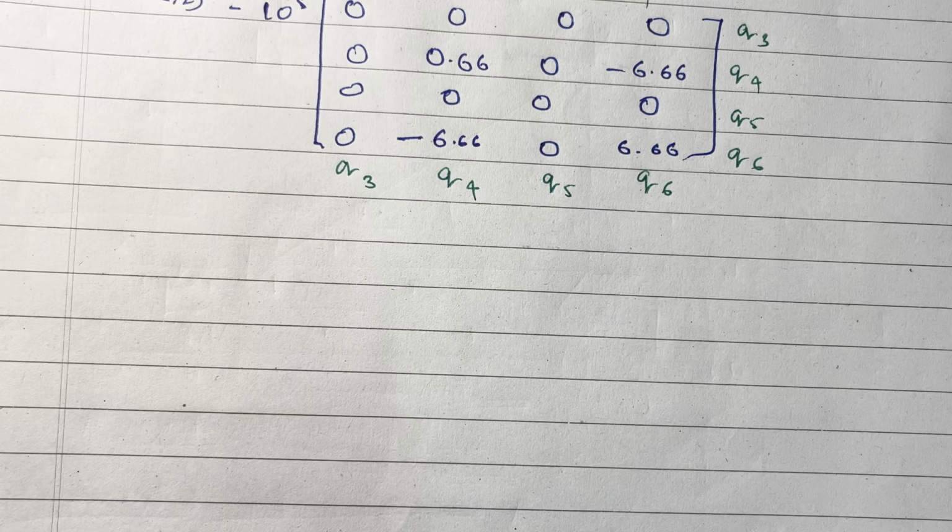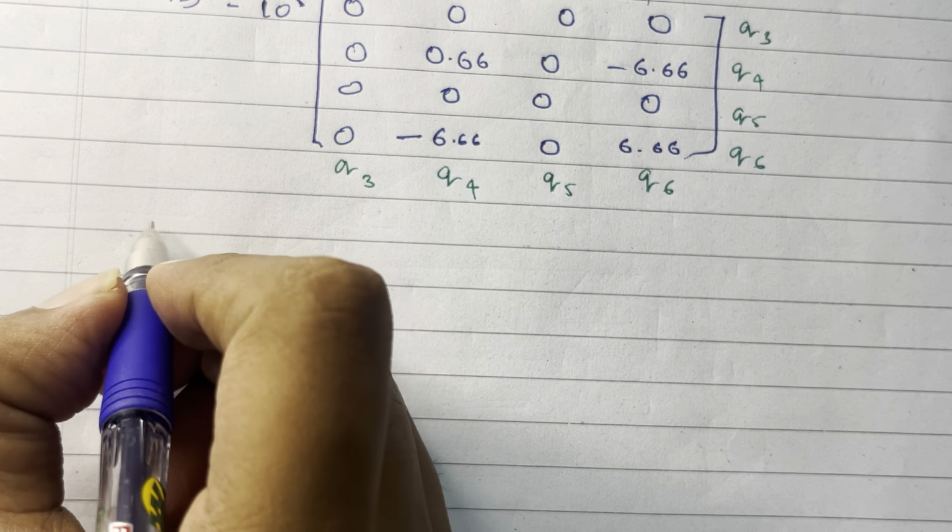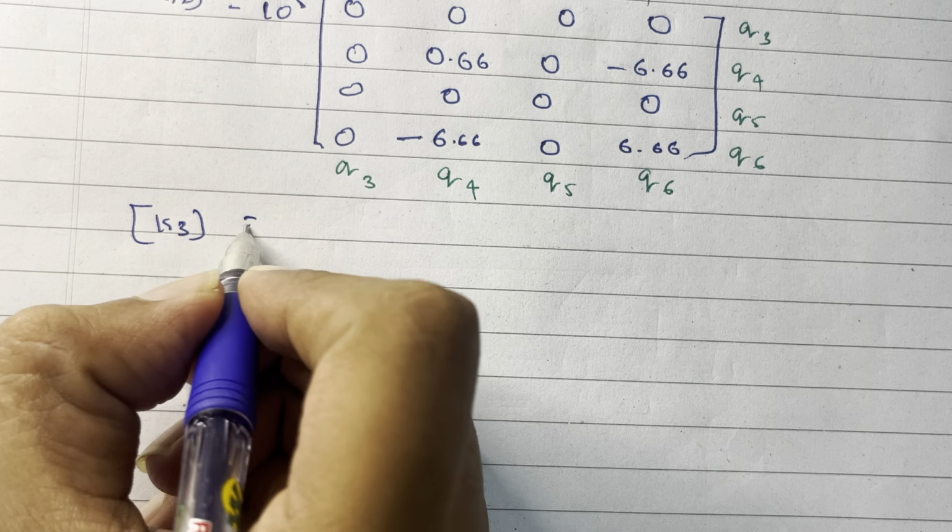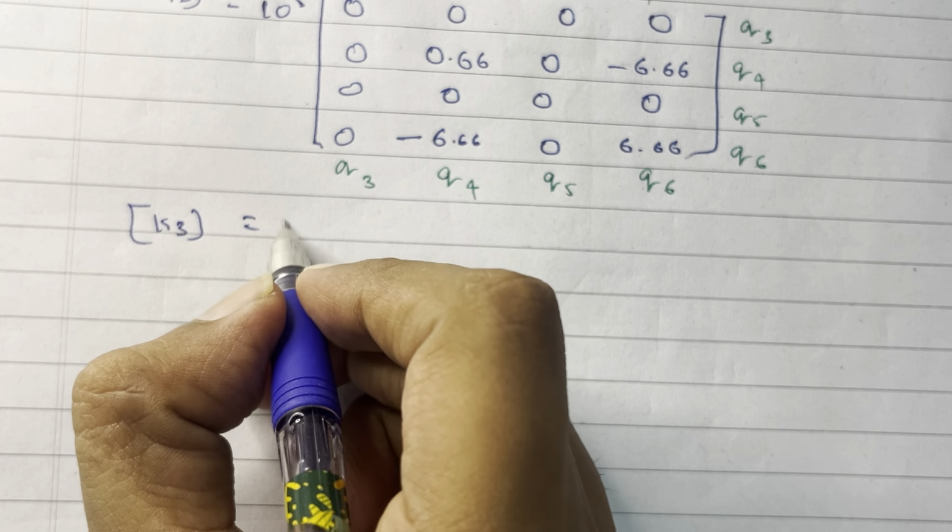Okay. Similarly, we have to write it for element 3 also. So K3, 10 raised to 5.